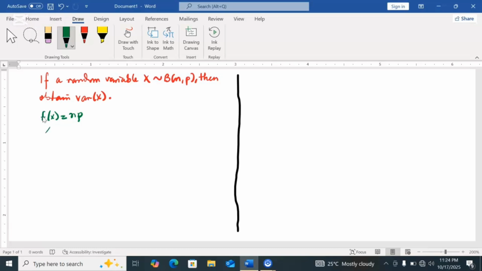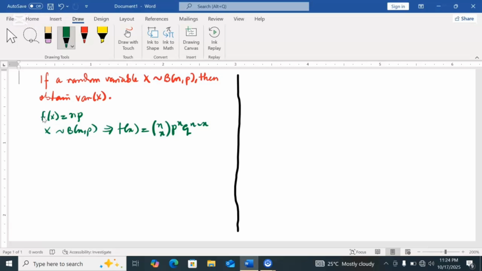Also, if x is binomially distributed, please take note that you must recall f of x will be equal to n combination x, p raised to power x, q raised to power n minus x, where q is the probability of failure and p is the probability of success.